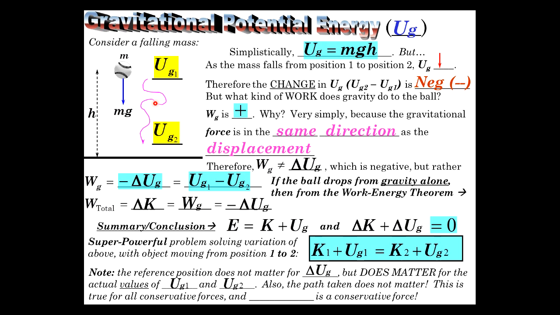Then it goes up a little bit, and there's some negative work done by gravity. But when you add it all up, it ends up being the exact same thing. It's path independent. Gravity is a conservative force, and those characteristics just described are characteristics of all conservative forces.